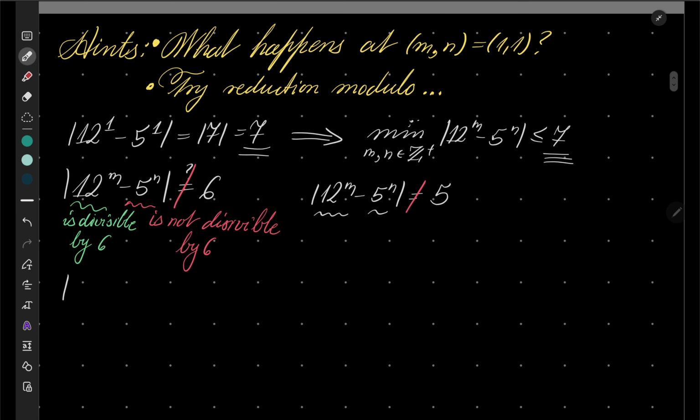Again, similar. It cannot be 4, 3, or 2. Why? Because 12 to the power of m is divisible by 4, by 3, by 2, but 5 to the power of n is not.